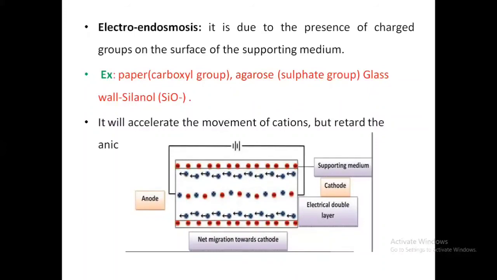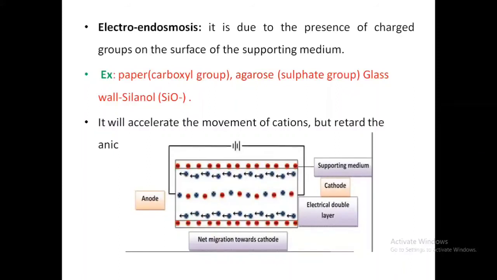Electroendosmosis is going to happen because of the charged groups present on the surface of your supporting media. For example, paper has carboxyl groups as charged groups on its surface, agarose gel has sulfate groups, and glass has silanol groups. Because of these groups, what is going to happen? They are going to activate the movement of cations, I mean the positive ions in your sample or buffer.